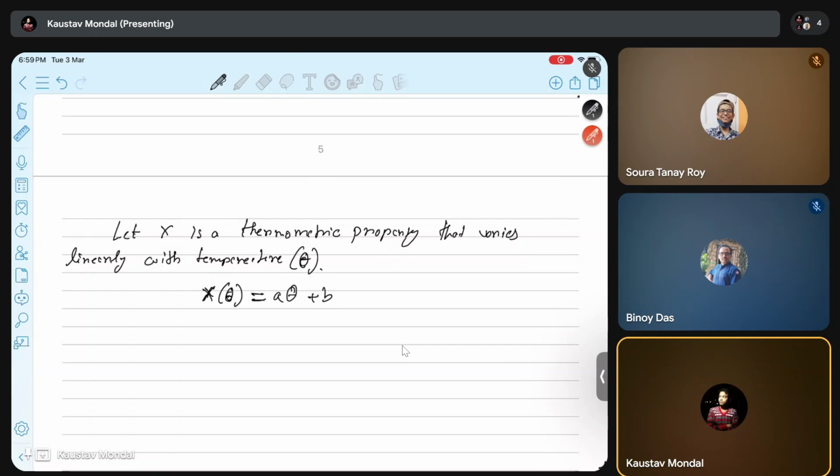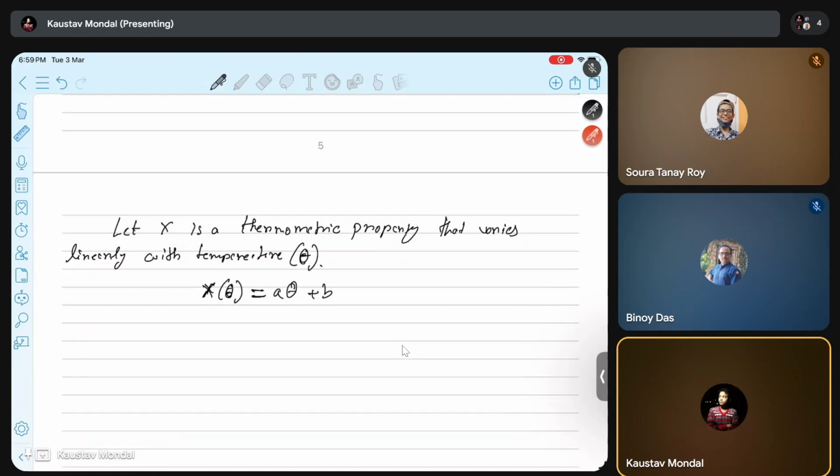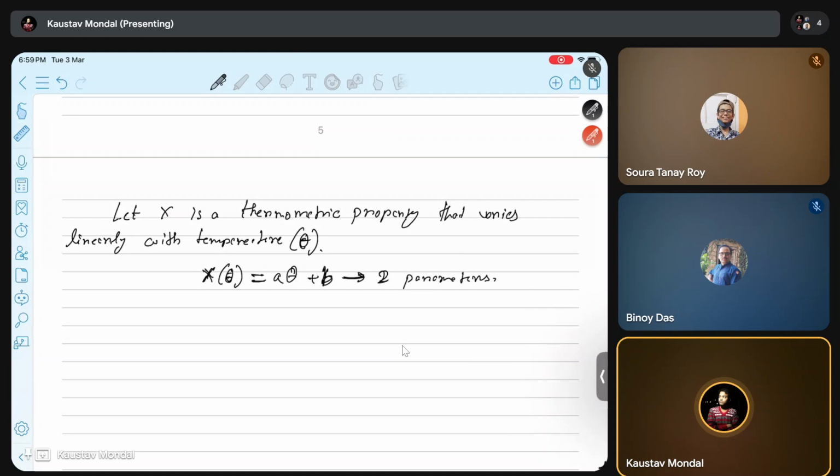Here we have two constants, two parameters. To find the values of these two parameters for a certain type of material, we need two fixed values, because two fixed values give us two equations, and by solving them you can get the values of the two parameters.